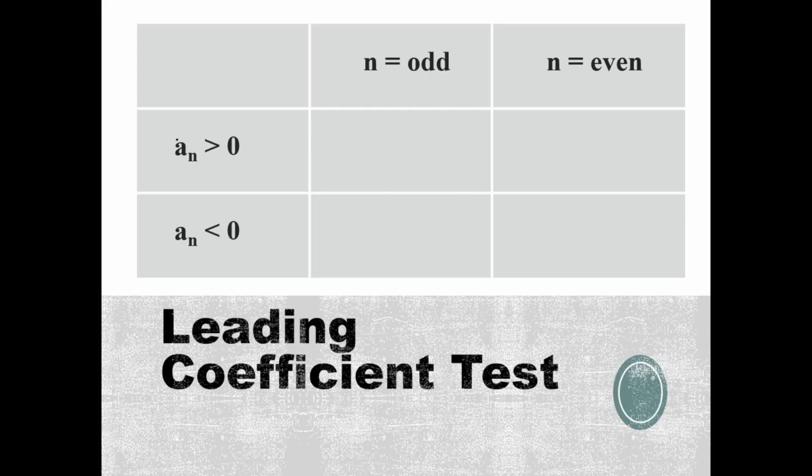So A sub n is the leading coefficient. In other words, it is the coefficient or the number in front of the largest degreed term. Okay? And if that is positive, then there are certain things that I can know. Okay? And this is the degree here.